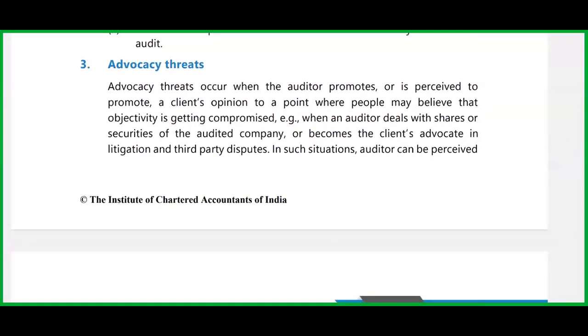Next is advocacy threat. Advocacy threat is perceived when client's opinion is promoted to a point where people may believe that objectivity is getting compromised. Example is given where auditor deals with shares or securities of the audited company, or he becomes the client's advocate in litigation and third party disputes.